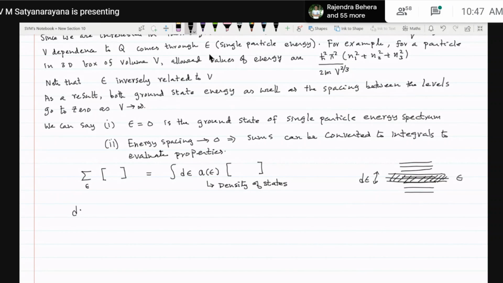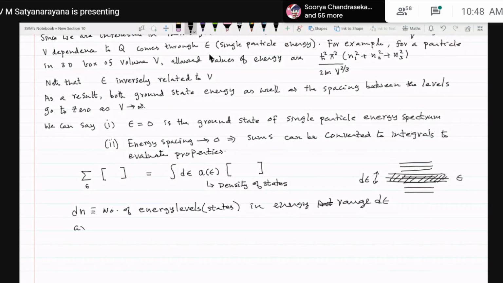Let us define this dn to be the number of energy levels or energy states in the energy interval or energy range d epsilon around epsilon. That is what I'm going to define as dn.